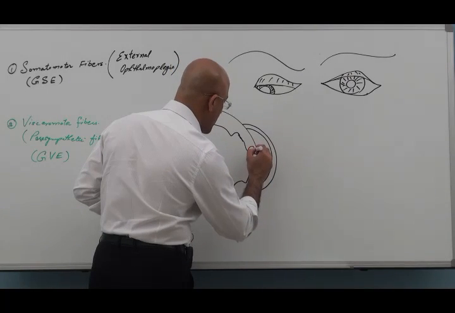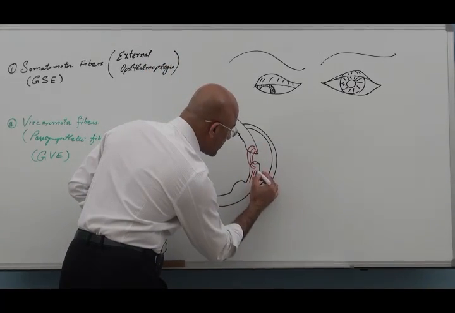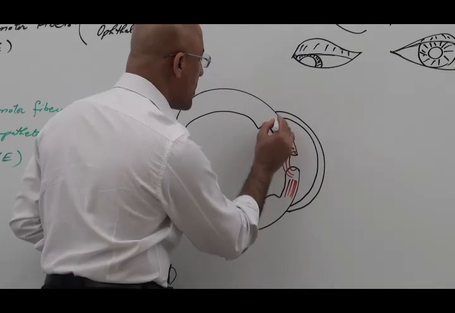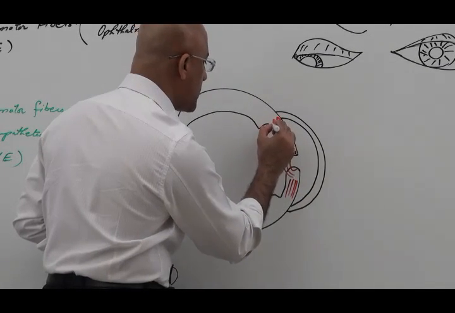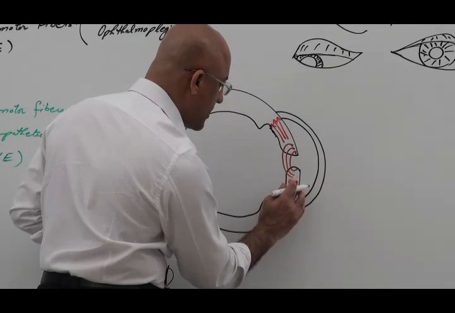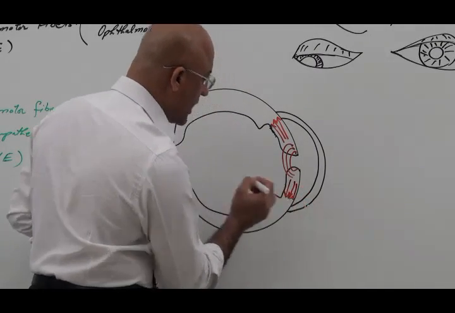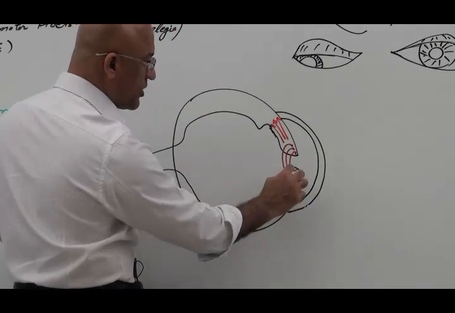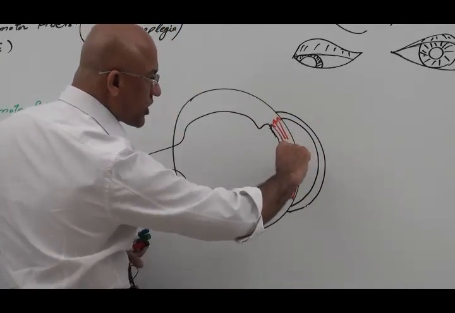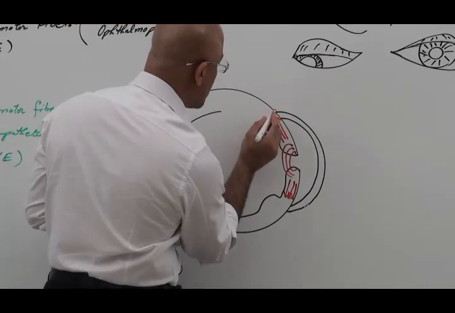This is the constrictor pupillae muscle, and which muscle is here? No, this is dilator pupillae, which pulls in that direction. This is dilator pupillae, and it opens the pupil. Constrictor pupillae constricts the pupil. Is that clear? And then ciliarus, let me make the ciliarus more clearly.